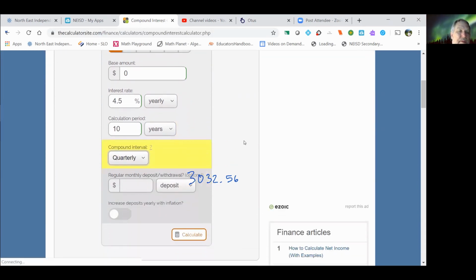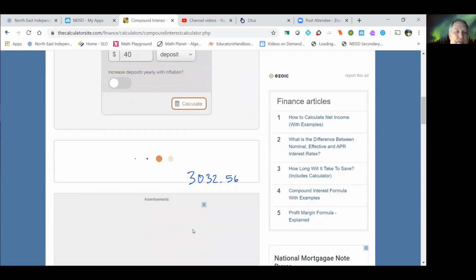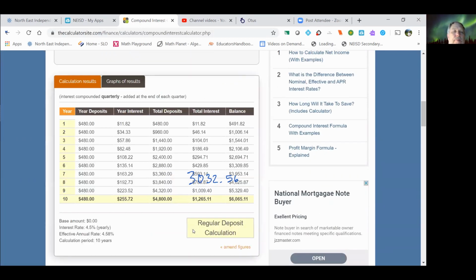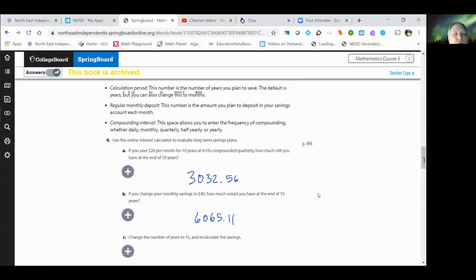This time, though, we're paying $40 a month. We're going to double the amount we pay per month. And we'll calculate that. And you can see, remember, we had 3,032. I just kind of left it there. And now we have 6,065.